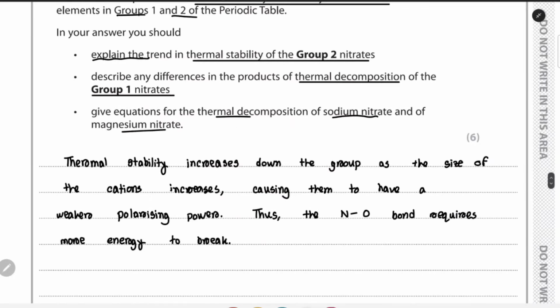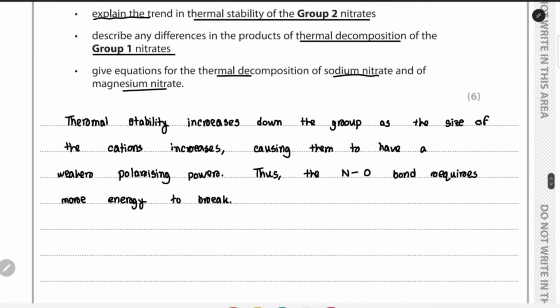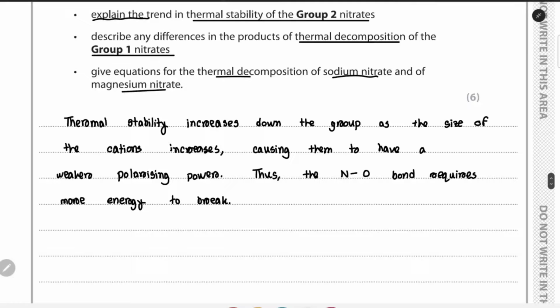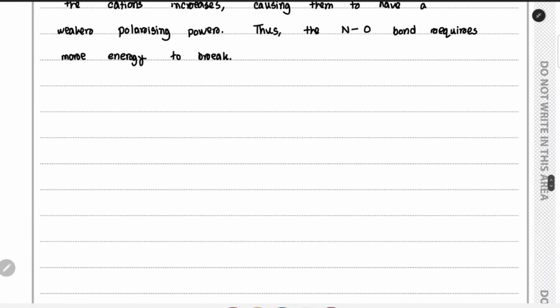Now we have to describe the difference in product of thermal decomposition of group 1 nitrates. This difference is with lithium. Lithium is an exception. So lithium nitrate will break down into lithium oxide and NO2, while other group 1 metals will simply break down into nitrite.